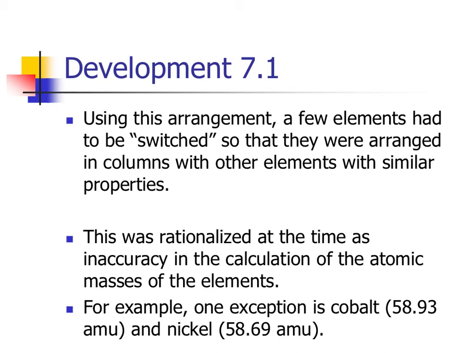Now, even though Mendeleev's periodic table was not perfect, and some elements needed to be switched around here or there, it still allowed for that flow and that predictability. And a lot of it goes unchanged. It is rationalized by an inaccuracy in the calculations for the atomic mass of the elements, with the example of cobalt to nickel.